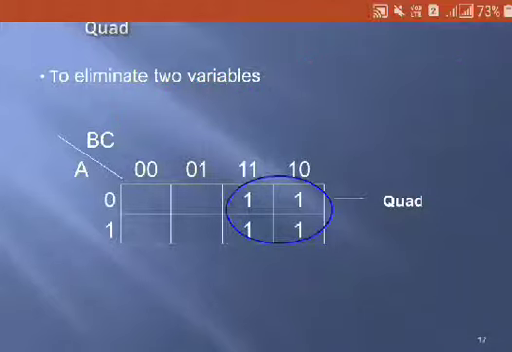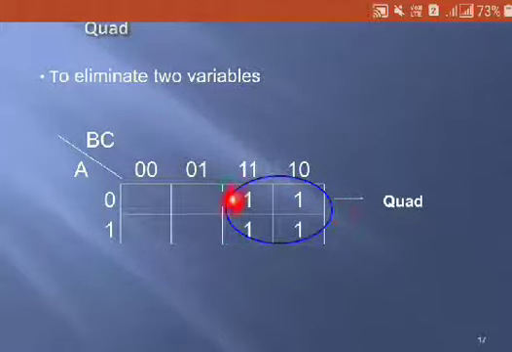So here, instead of pairing, that means grouping of two cells, you can directly make a group of 4 cells as one. This is how you can make a quad, which is nothing but a group of 4 cells, used to eliminate two variables. We will see how.